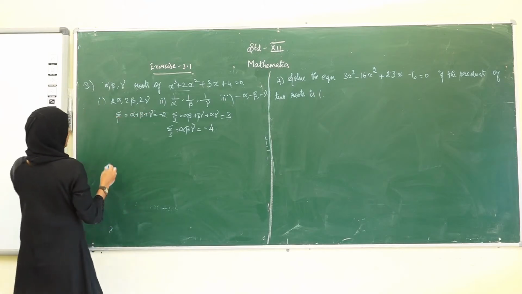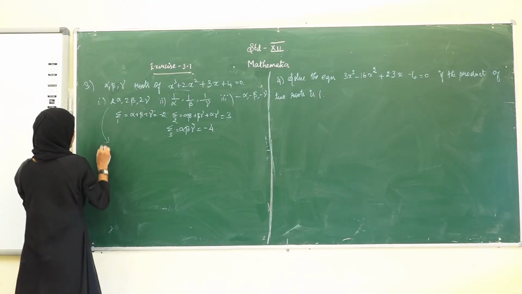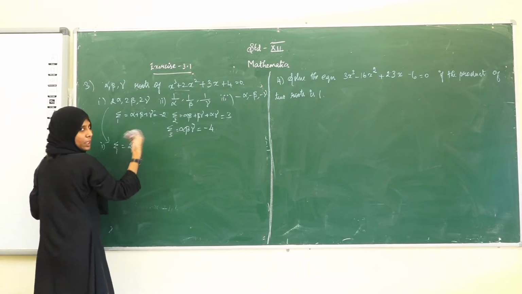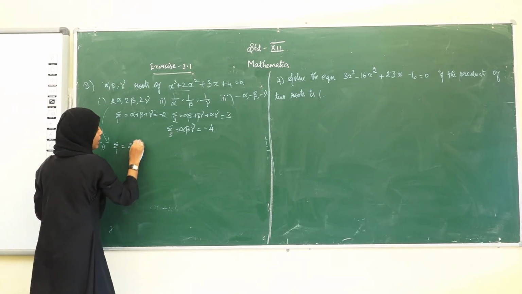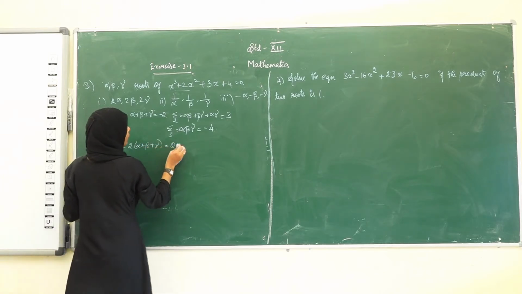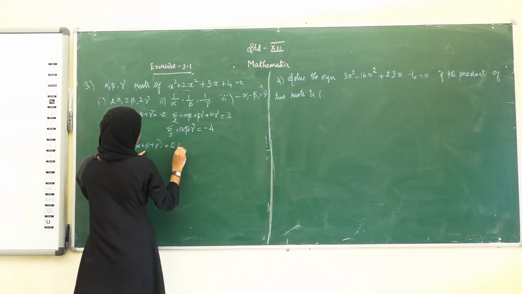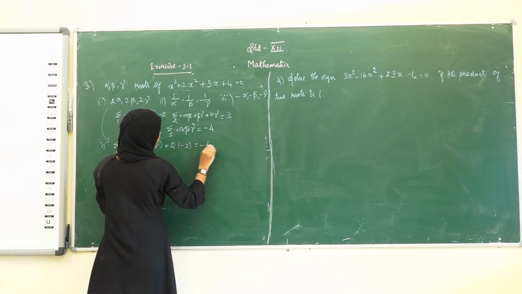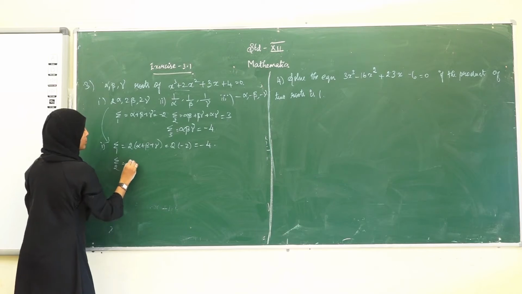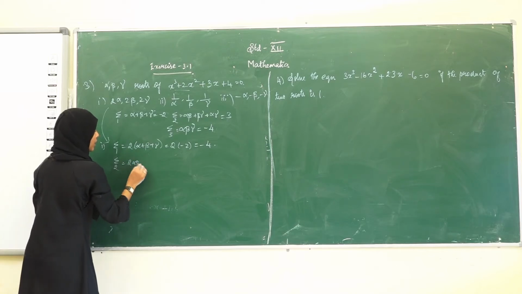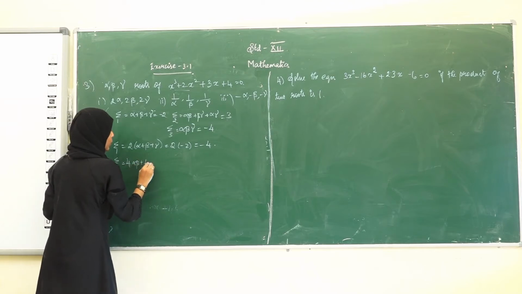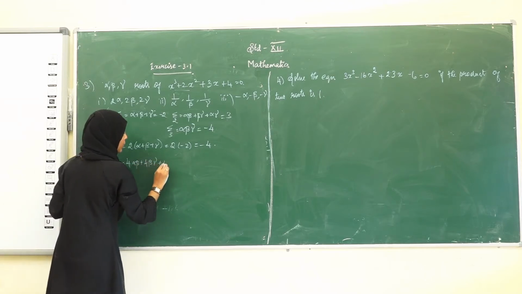Here, for the first subdivision, the roots are 2 alpha, 2 beta, 2 gamma. Summation 1 will be equal to 2 alpha plus 2 beta plus 2 gamma. We can take 2 common, therefore 2 into the value of alpha plus beta plus gamma, which is minus 2, so it is equal to minus 4. And then summation 2 is equal to 4 into alpha beta plus 4 into beta gamma plus 4 into alpha gamma.